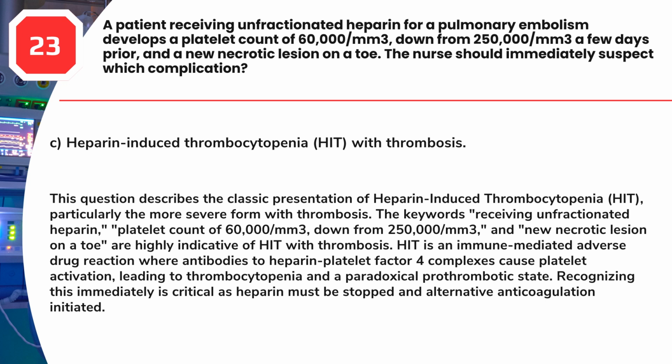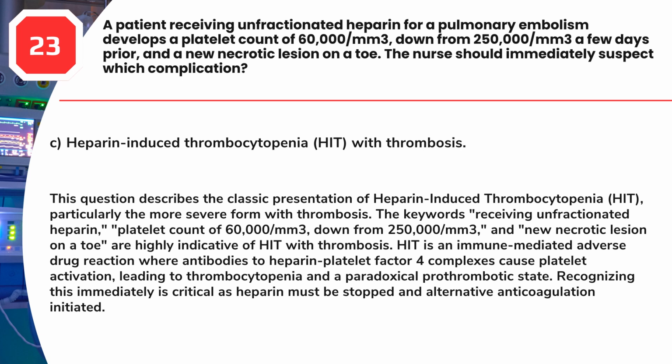This question describes the classic presentation of heparin-induced thrombocytopenia, HIT, particularly the more severe form with thrombosis. The keywords receiving unfractionated heparin, platelet count of 60,000/mm3, down from 250,000/mm3, and new necrotic lesion on a toe are highly indicative of HIT with thrombosis.